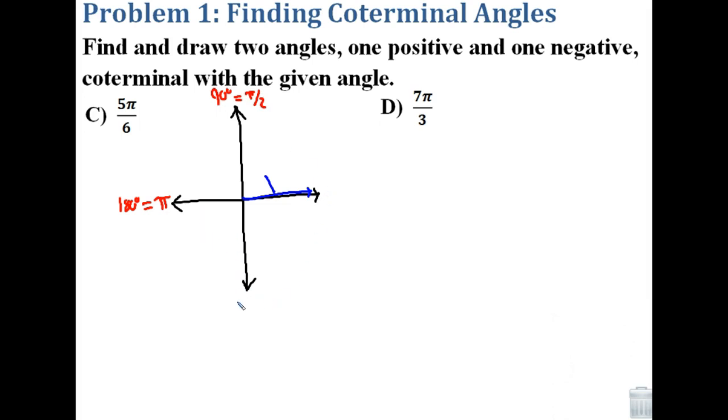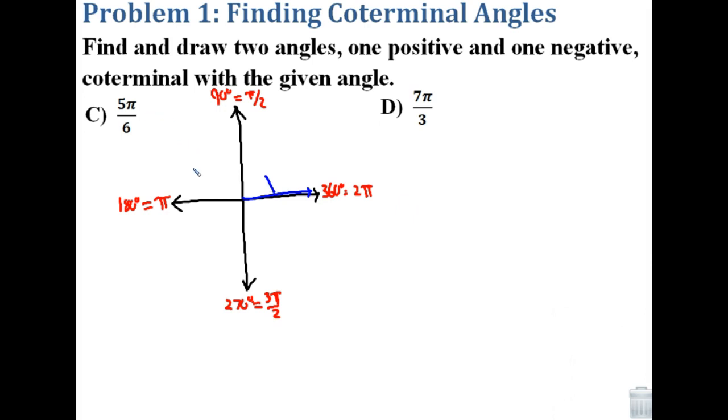So 270 then equals 3 pi over 2, and 360 degrees equals 2 pi radians. So we can use that as our landmarks.